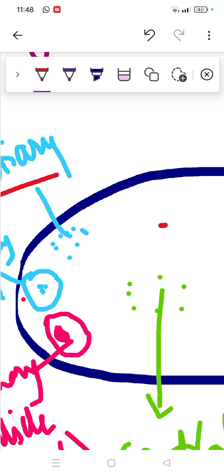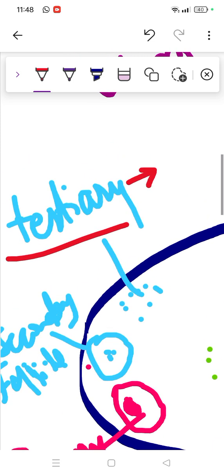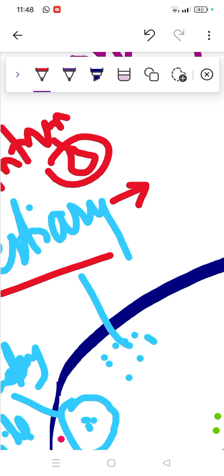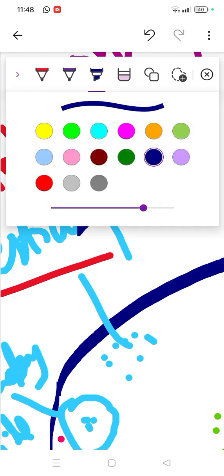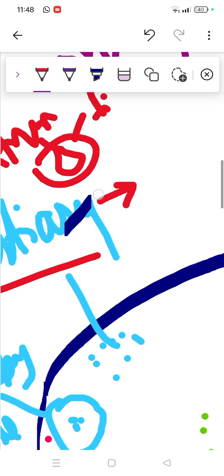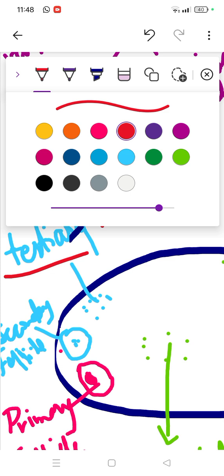So they have fluid formation over here. This means it's quite important because they provide fluid and a lot of things like that.